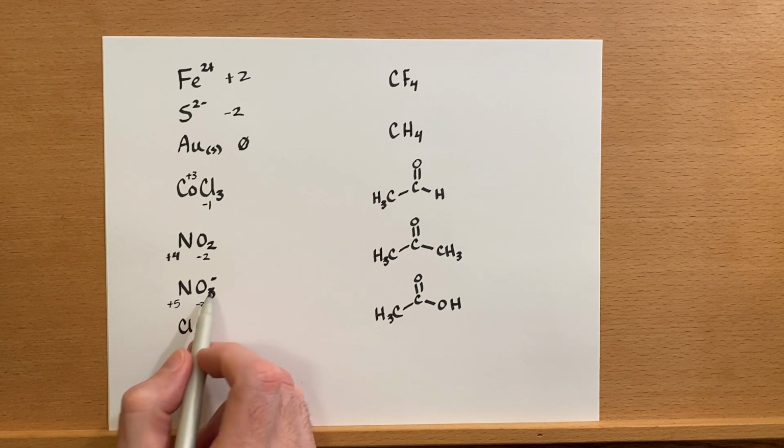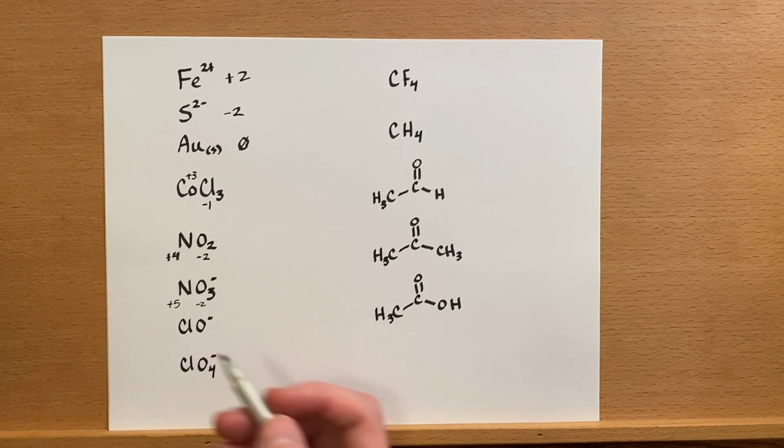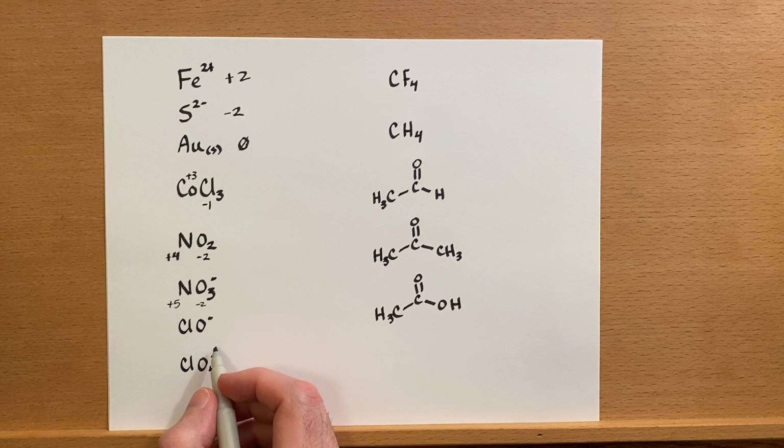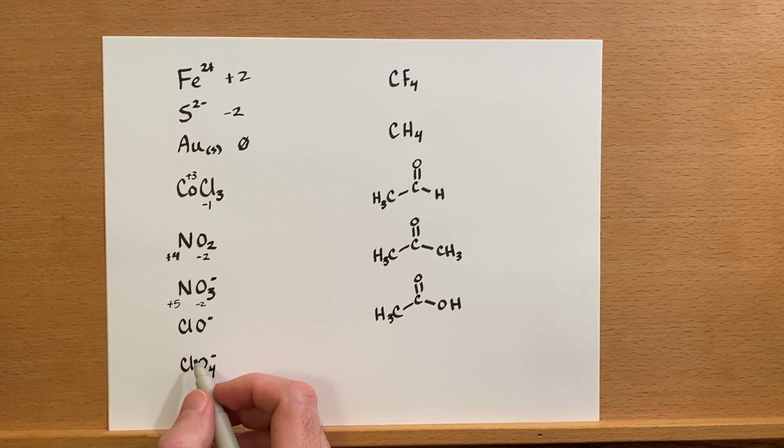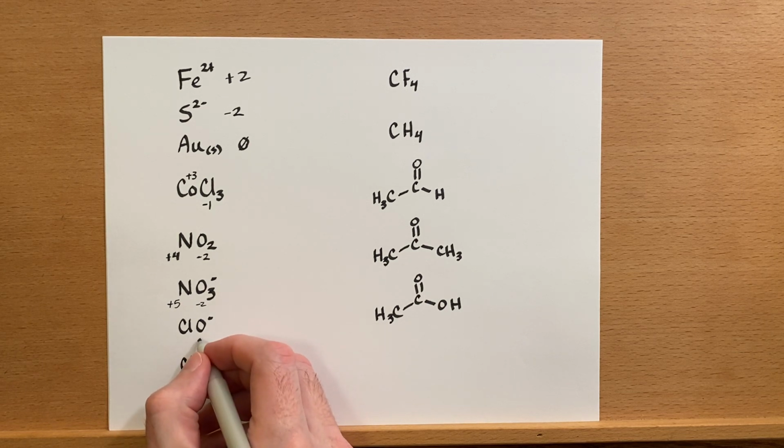5 minus 6 is -1. So that's where that comes from. Now we move down into the hypochlorate, or not hypochlorate, hypochlorite.